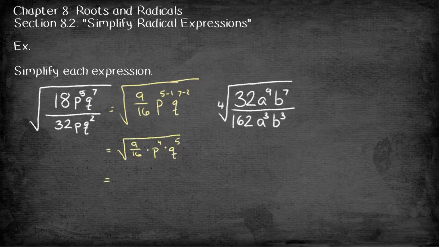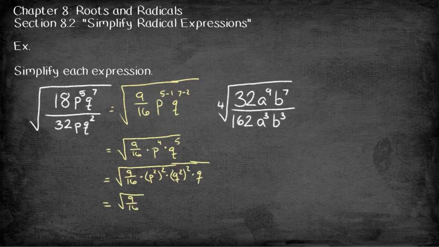We can break this down even a little bit more. So I have square root of 9 over 16 times the square root of p squared squared, which would be p squared, times the square root of q squared squared, which is q squared, times the square root of q.